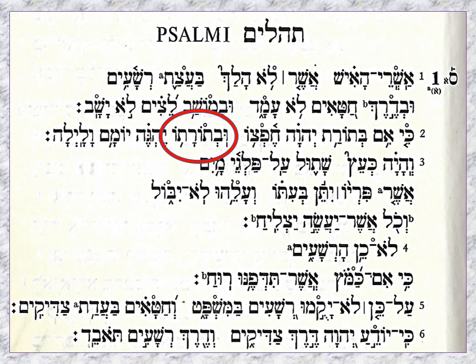We're going to stick with Pratico and Van Pelt: because we have a shureq, a long U class vowel, this bet is going to be followed by a vocal sheva. So uve, uva, sorry, uve, soft v sound. Then a tav with a holem waw. Then a resh with a qamets, a tav with another holem waw. Uve torato.